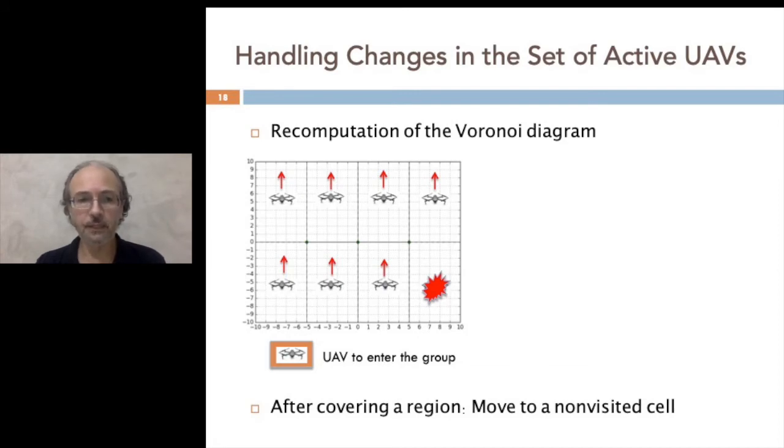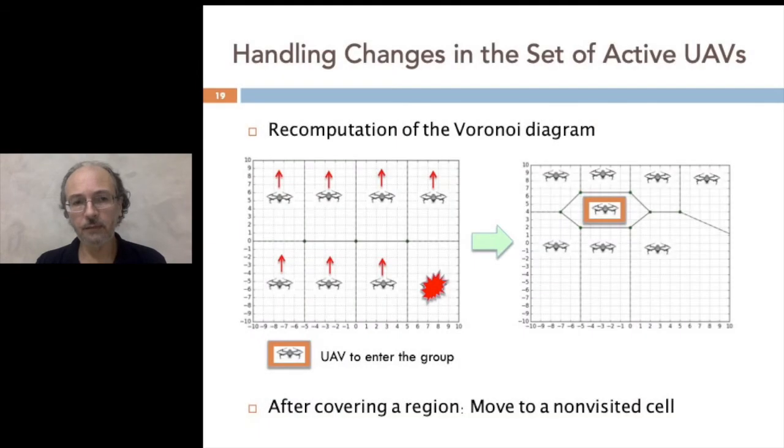Then it has to move to a previously non-visited cell, and then a new Voronoi diagram is computed, and the UAVs resume their execution assuming the newly computed regions. Then in the picture we show here a newly computed Voronoi diagram. Consider the new positions of UAVs, the failure of one of the UAVs, and a new UAV being added to the group.